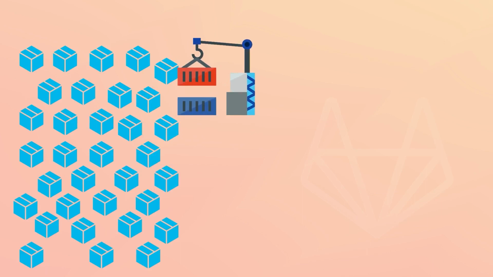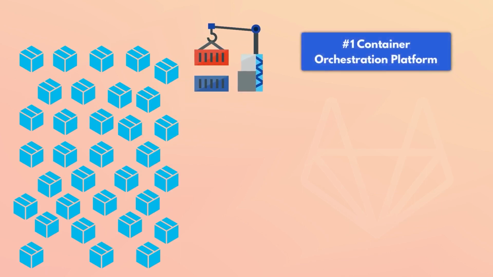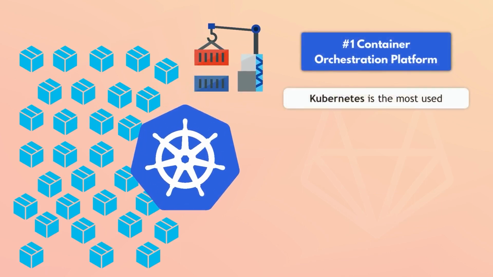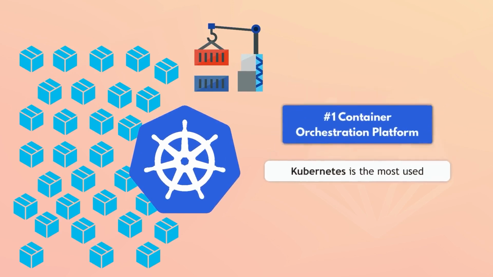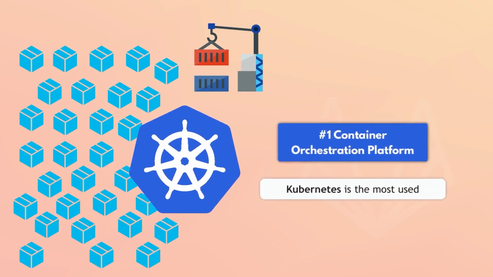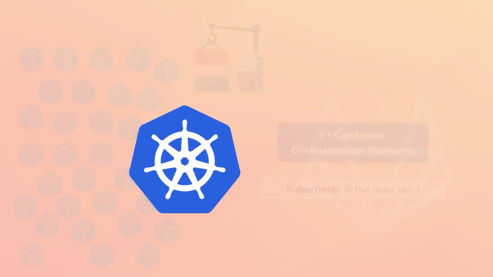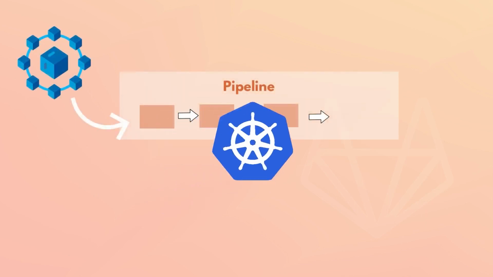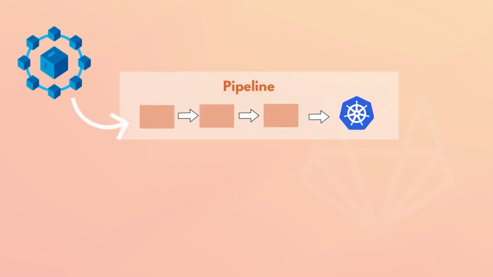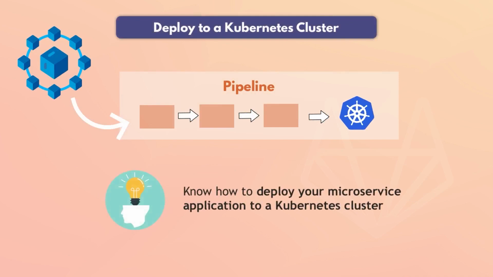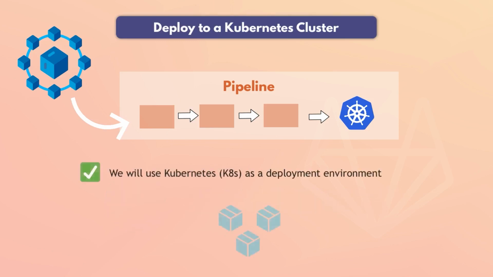And one of the most popular container orchestration tools today is Kubernetes, which means when you're working with microservices, you will most probably also be working with Kubernetes. So when building CI/CD pipelines for your services, you would need to know how to deploy your microservices application to a Kubernetes cluster. That's why in this final part of the course, we're going to use Kubernetes as a deployment environment for our microservice application.